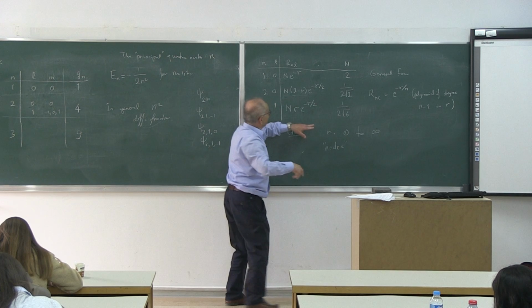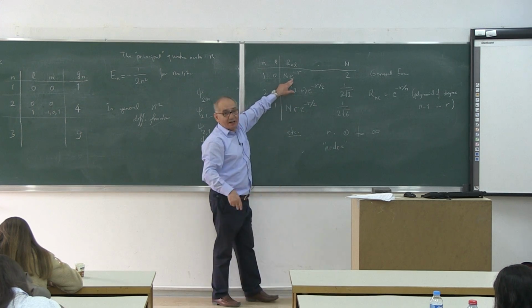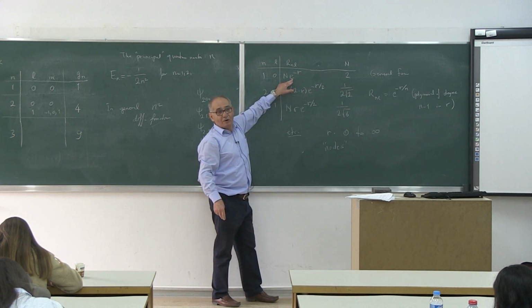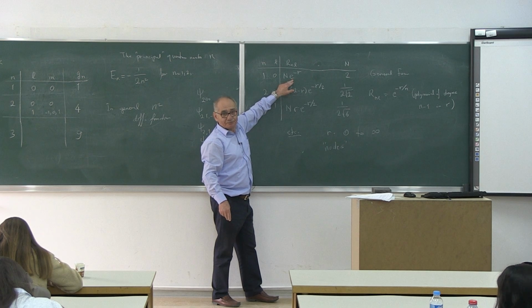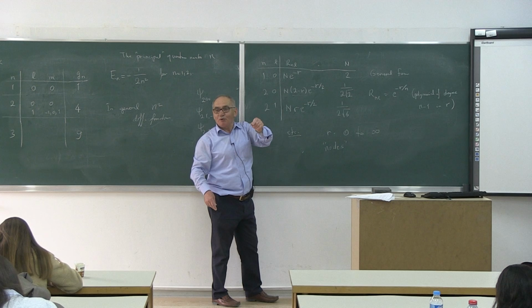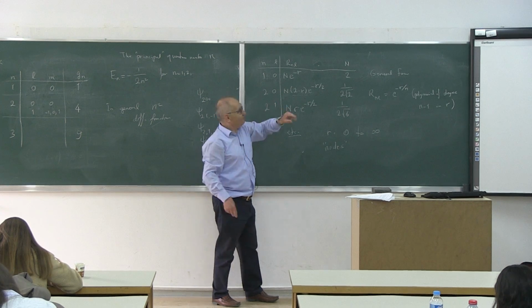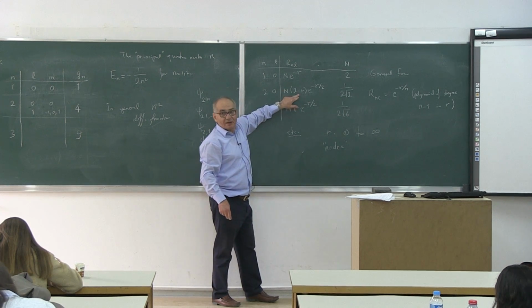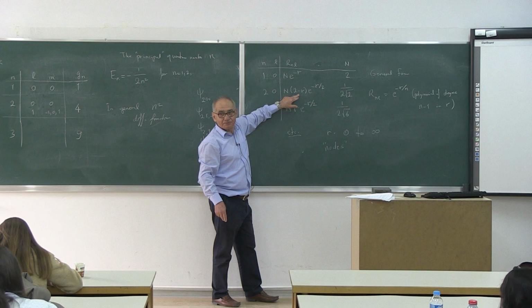So, for example, now this function has no nodes. No node means number of nodes is 0. Don't forget. This function has how many nodes?